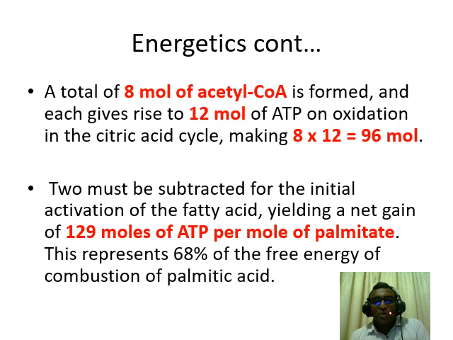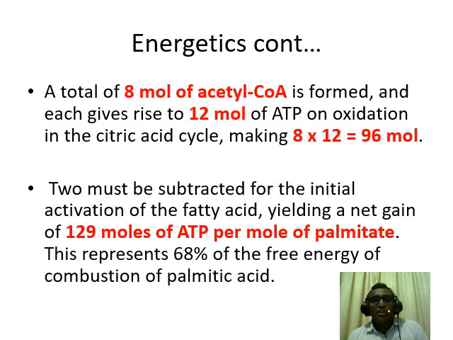So once you have these 96 ATPs, then you add the 35 ATP, that will be 131 ATPs in total. But as you know, there needs to be activation of the free fatty acid, and activation is adding coenzyme A. In terms of palmitic acid, when you add one coenzyme A, you will lose 2 ATP.